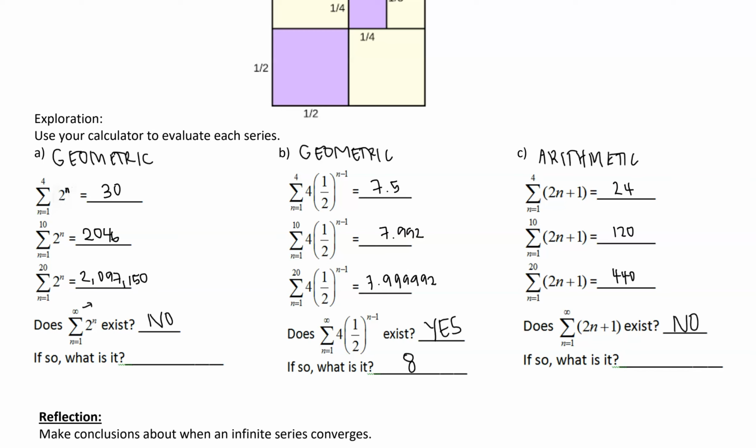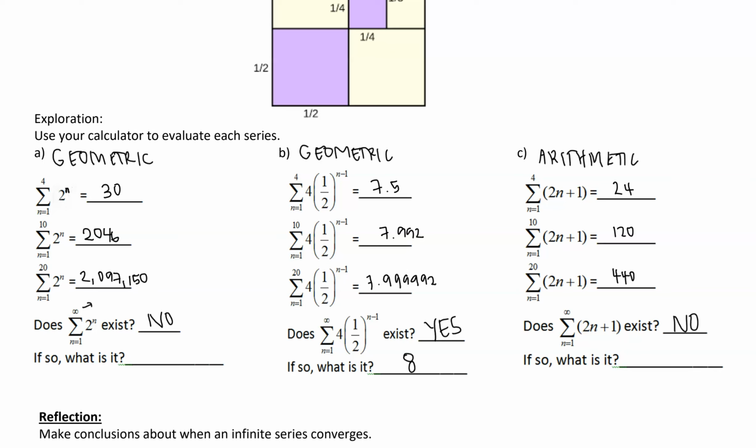Converge is something that's converging to a number, so it's going down to a number. How do I know that this is the only one? It first has to be geometric, because arithmetic is going to continue to get bigger and bigger.